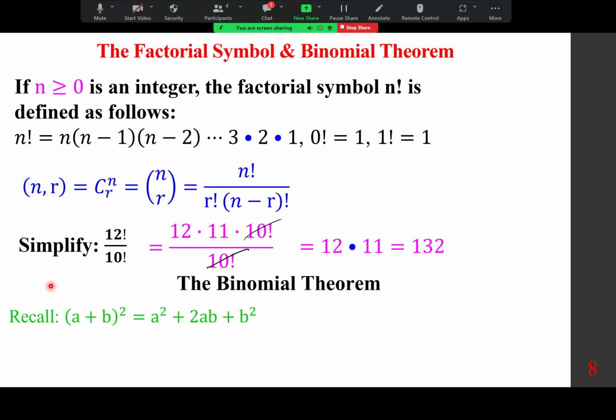We remember a plus b quantity squared is a squared plus 2ab plus b squared. We remember a plus b cubed is a cubed plus 3a squared b plus 3ab squared plus b cubed.